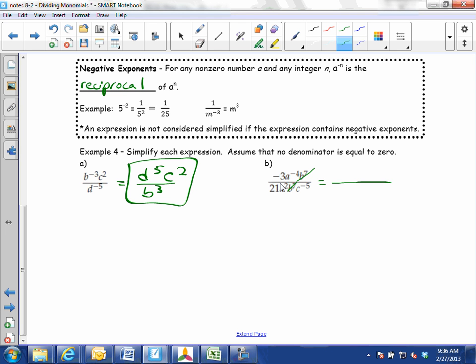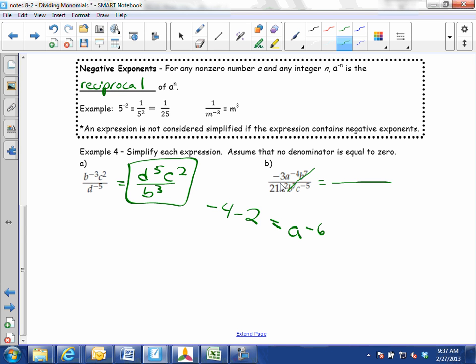How about if I have a to the negative 4 and a squared? I'm still subtracting, right? Top minus bottom. So what's negative 4 minus 2? A to the negative 6. That's still in the top. She's combining the A's.